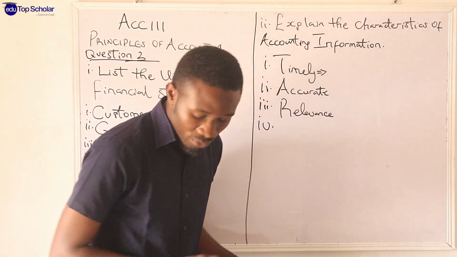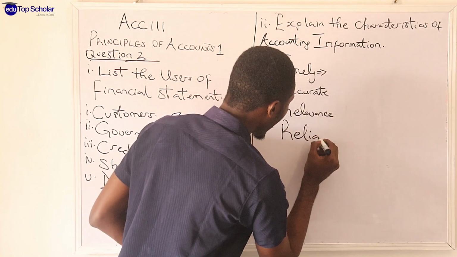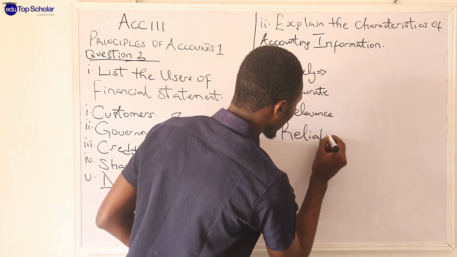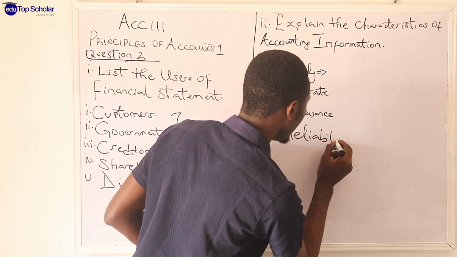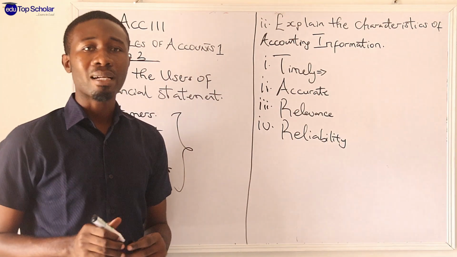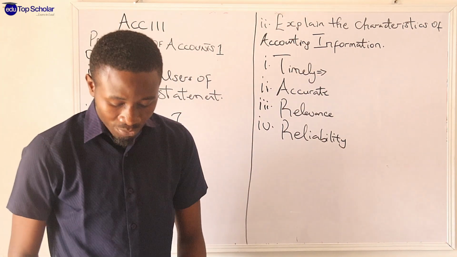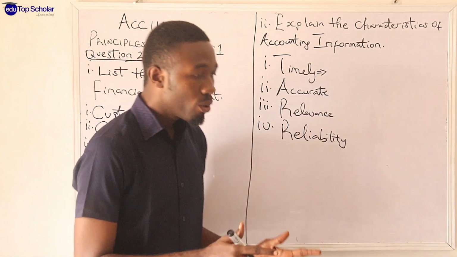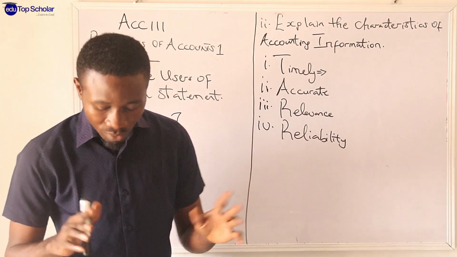The next one is that it must be reliable. Reliability. Accounting information must be 100% reliable. So there must be no misstatements or errors.